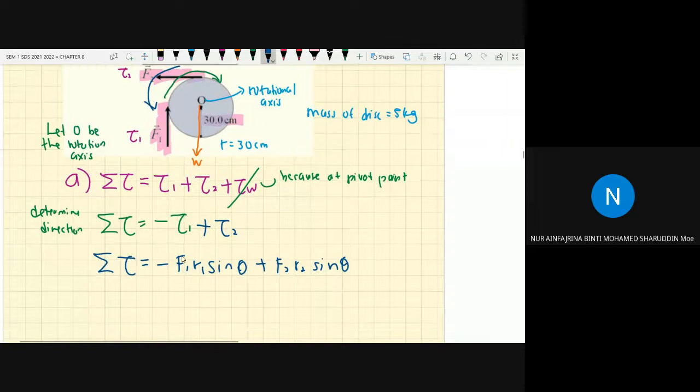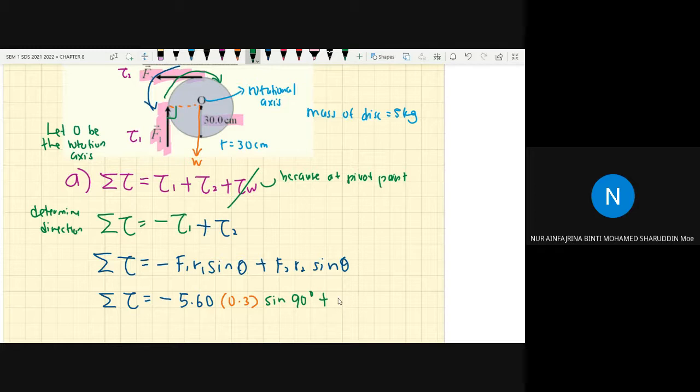Okay, selepas itu kita tahu tak berapa F dia? Okay, F1 kita dah tahu dah, dia adalah negative 5.6. Okay, Miss nak tanya, cuba tengok distance dia. Distance dia daripada sini ke sini berapa? 0.3. Angle dia berapa? 90 degree. Tambah dengan F2.